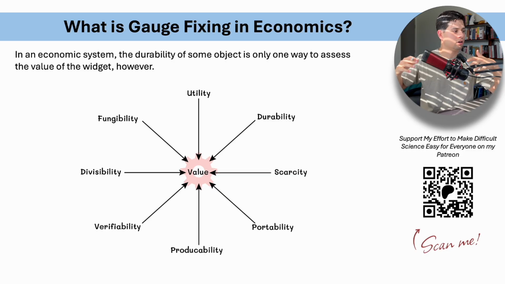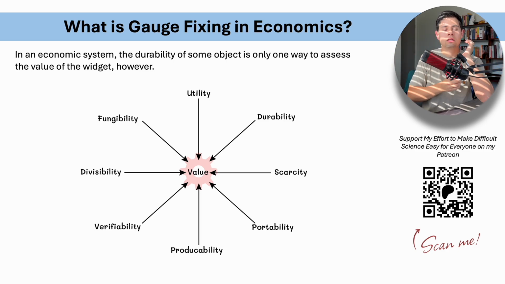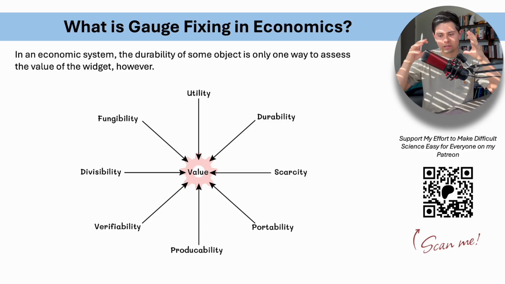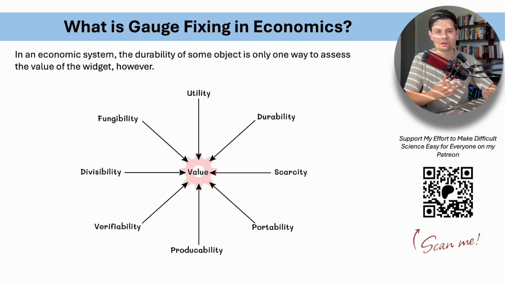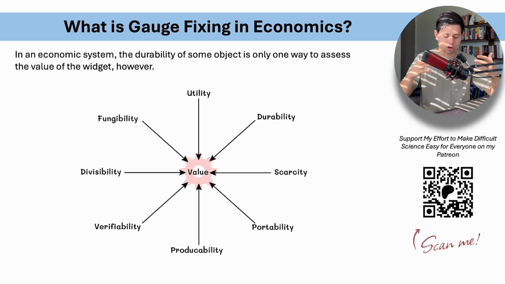Say you're hiring a worker to mow your lawn, or selling something in your company. All of these have value, but the way we measure the value is something of an arbitrary thing, and there are many different factors that go into measuring the value of something, right?